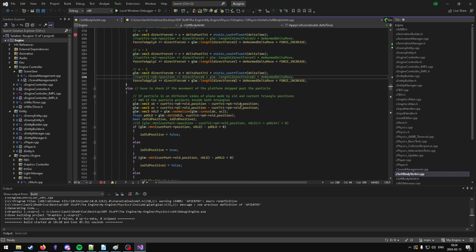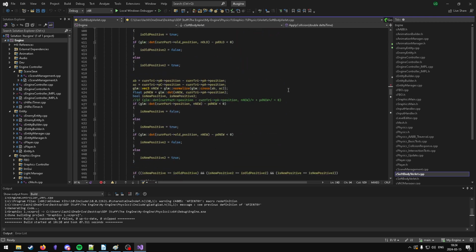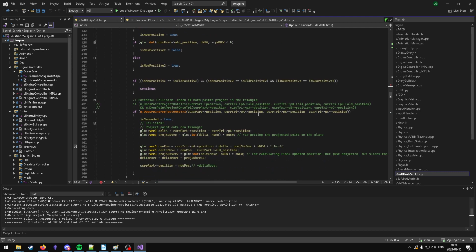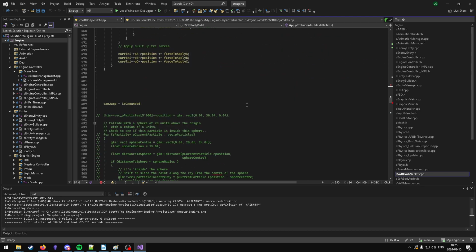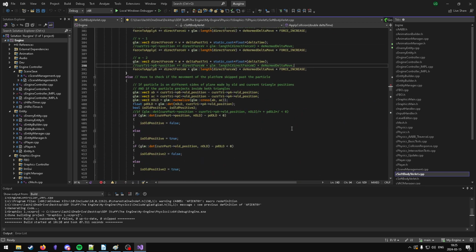So that was the easier way to detect collision. The harder one was when the platform passed by the old and new positions of the particles, because the platform, of course, moves by itself. In this part, I check if the old particle and new particle positions are on different sides of the plane created by the triangle, based on the old and new positions of the triangle itself.